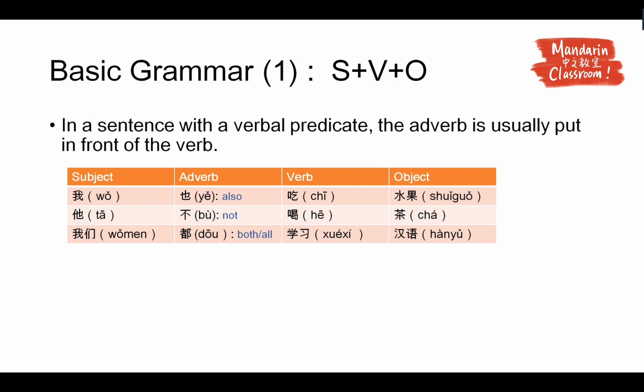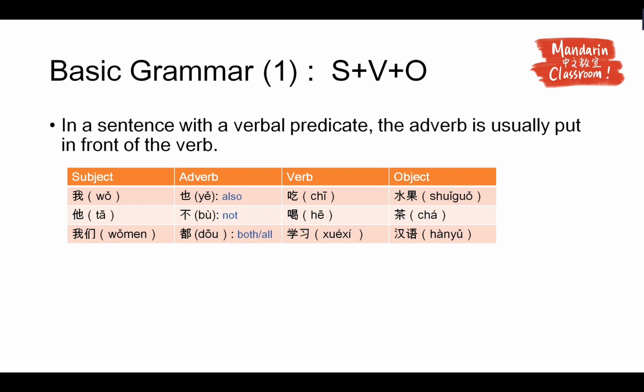But this kind of word I want to emphasize. In Chinese, it has a certain position. It's in front of the verb. For example, in English, you could put "also" in front of the verb or at the end of the sentence. But in Chinese, you can only put it in front of the verb. Let's see the form.